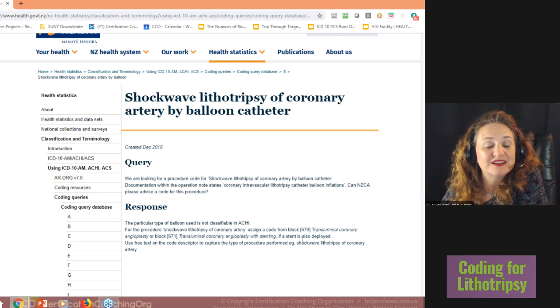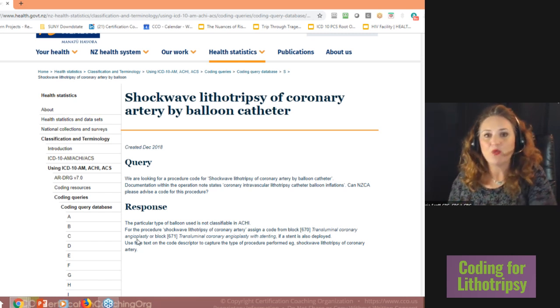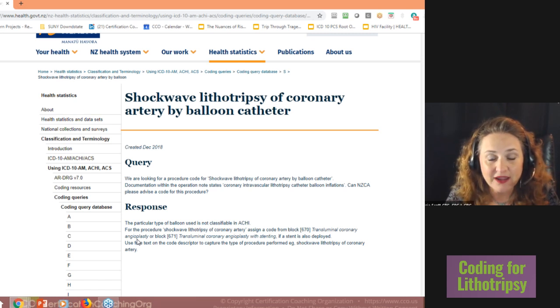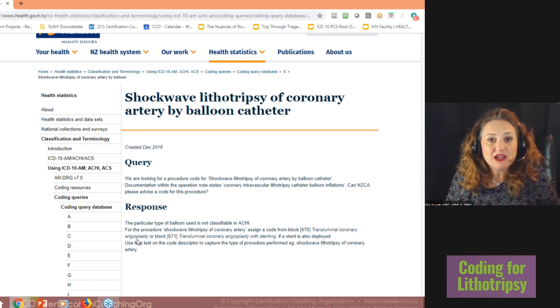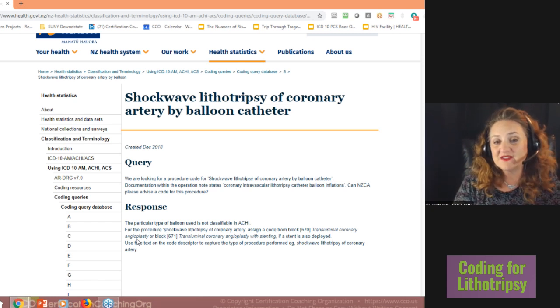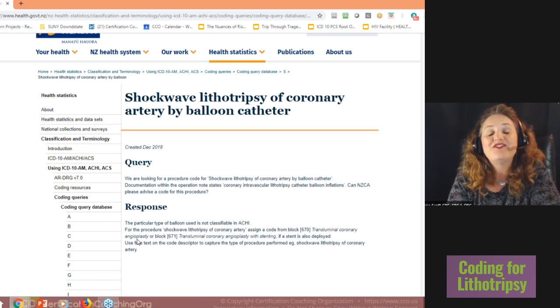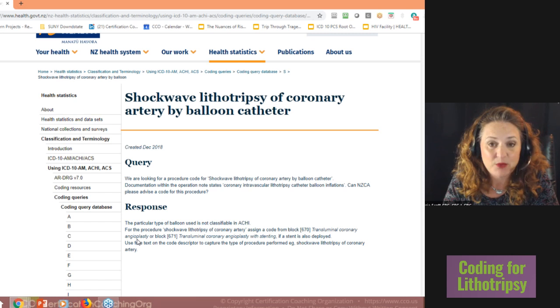But why is it helpful to us? Because they are telling you, go code it off transluminal coronary angioplasty. Well, we do that, right? Transluminal coronary angioplasty. Where are we going to find this lithotripsy code? You're not going to find it under lithotripsy because there's not a code for that.